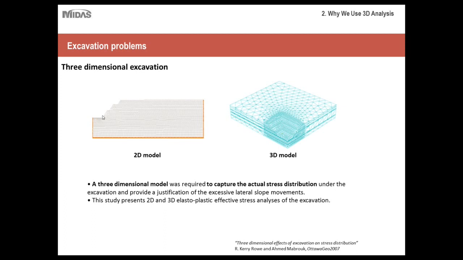Whereas with the 2D model, you wouldn't be able to account for that, so you'd essentially be over-designing. Because the 2D model can't take into account the different behavior in the longitudinal direction, you'd have calculations that are very conservative, and you'd have a design that might not be as economical as a 3D model.